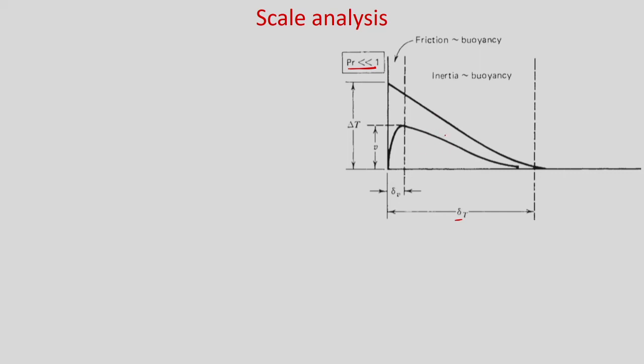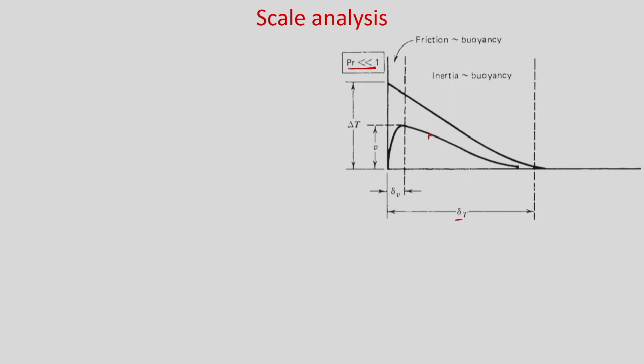So, you can see your velocity effect. Okay. So, this is the velocity v. So, the velocity effect will continue till the thermal boundary layer thickness. So, obviously its effects will extend to the edge of the thermal boundary layer.